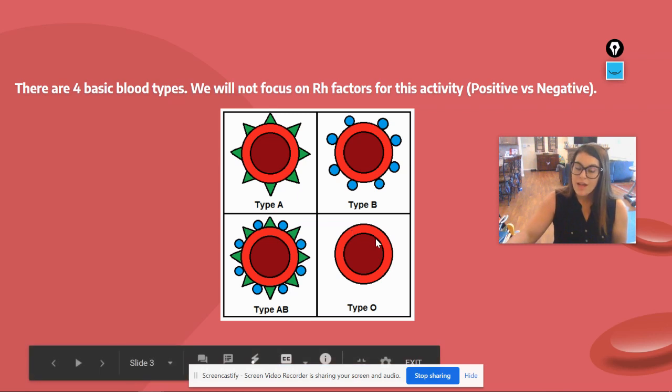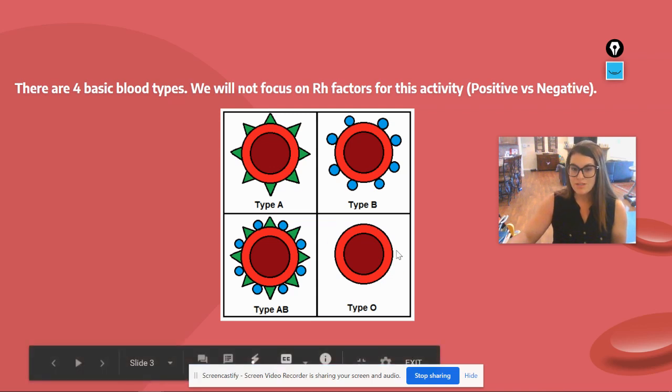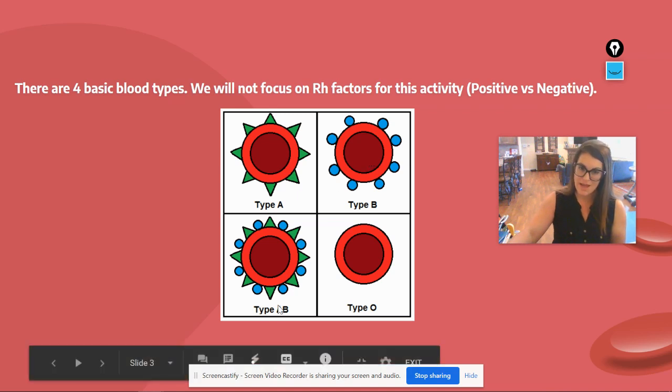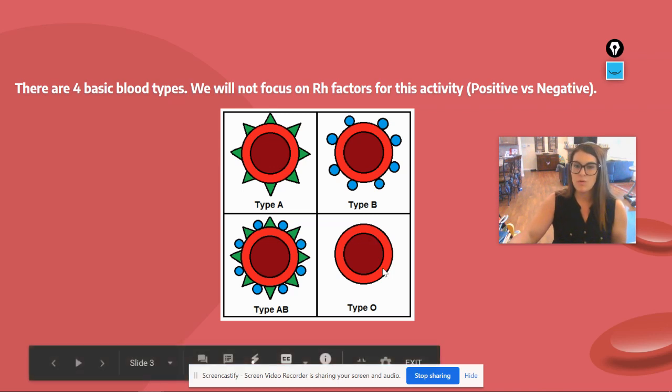Type O, which is actually known in some countries as type 0, which makes more sense, has no antigens on the surface. So those are going to be our models. Type A blood has A antigens, type B blood has B antigens, type AB has A and B. So blood types are named after the type of antigen, with the exception of type O. So think O as in 0.